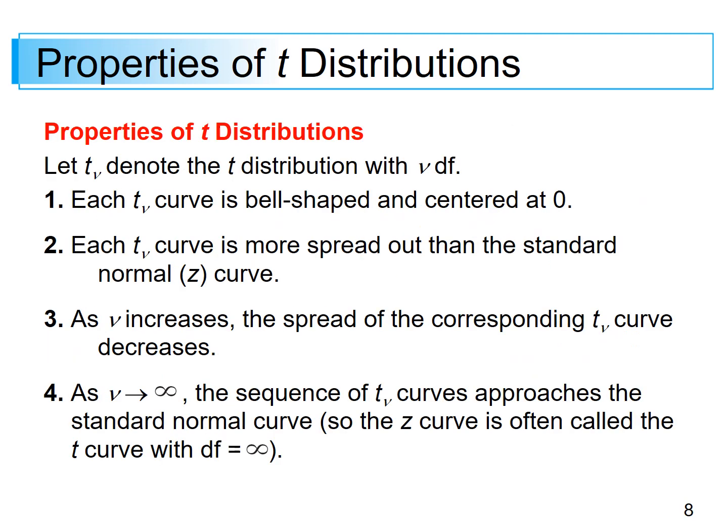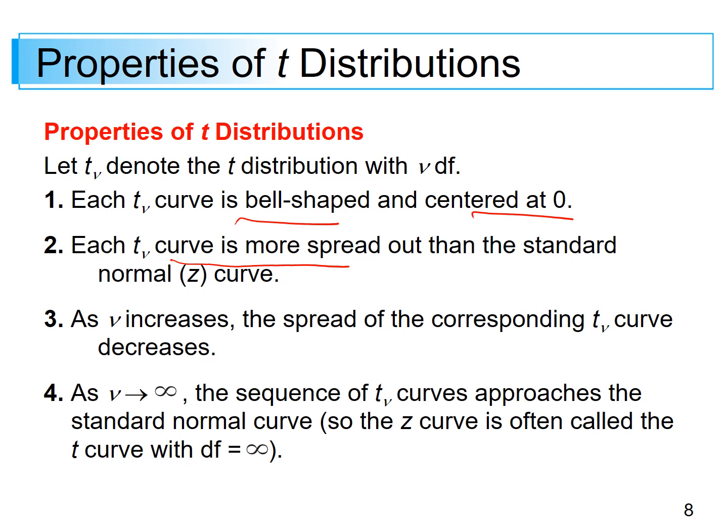Here are a few properties of t-distributions. First, t-curves are bell-shaped and always centered at 0. Second, each t-curve is more spread out than the normal curve, and that's because there's more variability with t-distributions.